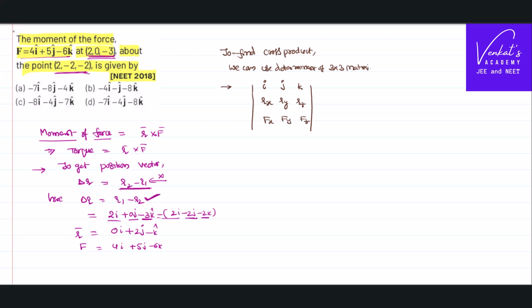So let us substitute the available data to get the torque. Torque equals the determinant with rows i, j, k; the position vector Rx, Ry, Rz, where Rx is 0, Ry is 2, Rz is minus 1; and the force vector Fx, Fy, Fz, which is 4, 5, minus 6. After writing the determinant, how do you find its value?